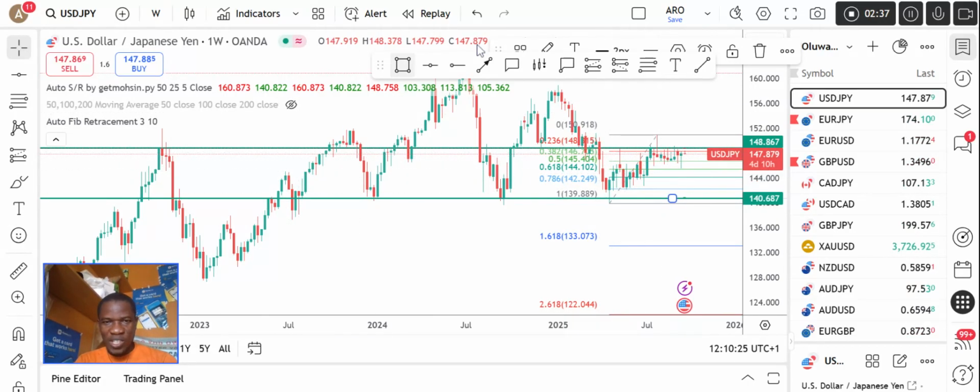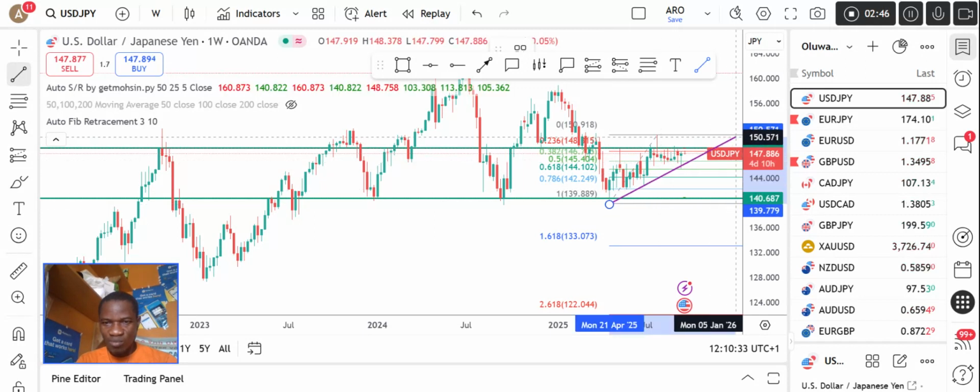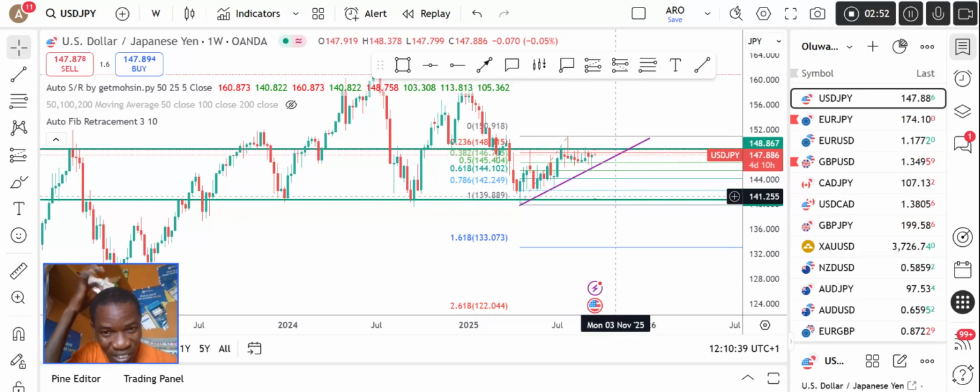So we check the trend here. It shows that the market is moving up.